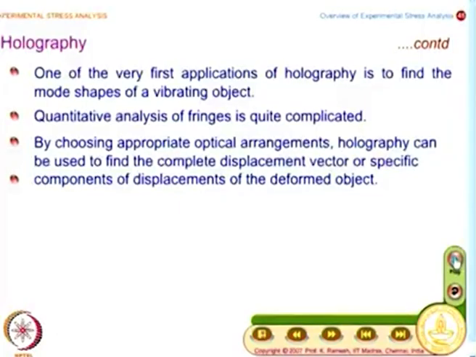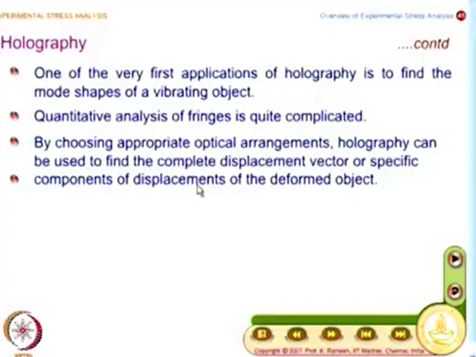But what is the way that we can circumvent this? If I choose appropriate optical arrangements, holography can be used to find the complete displacement vector or specific components of displacements of the deformed object. This is what I said: first, identify what the problem is.